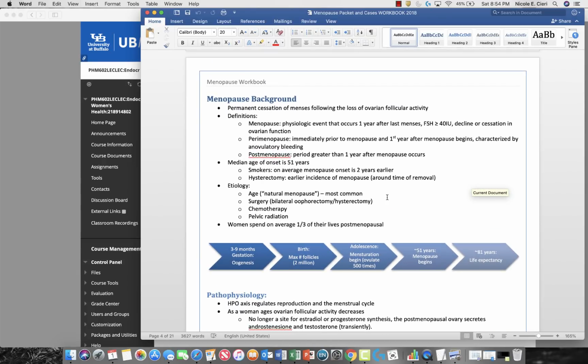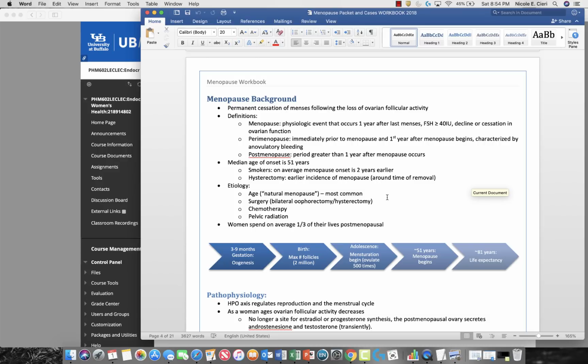So we'll start right at the menopause background. If we remember back to our HPO axis, our hypothalamus is secreting gonadotropin-releasing hormone that's acting on the anterior pituitary, and then the anterior pituitary releases our gonadotropins, LH and FSH, and those act on the ovary to cause release of estrogen and progesterone. And then there's negative and positive feedback that works as part of an entire feedback loop throughout the system.